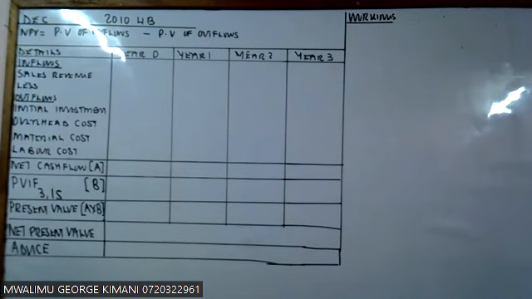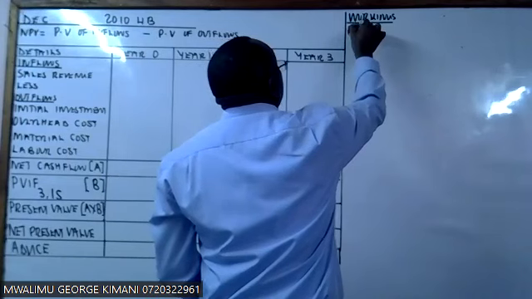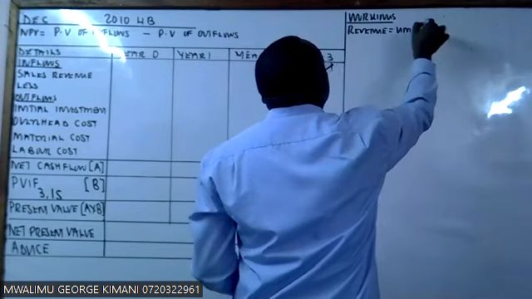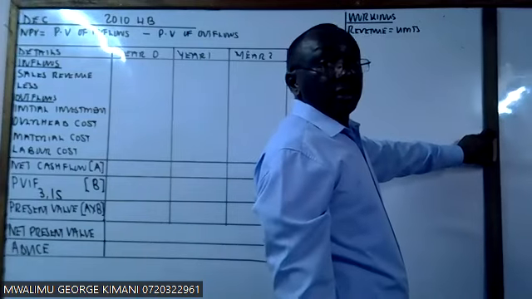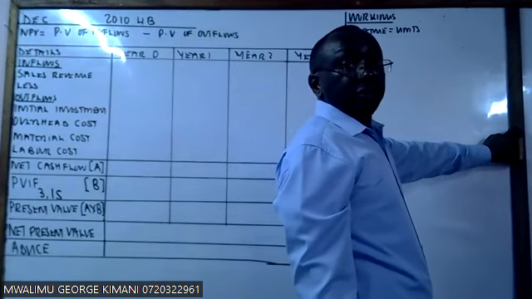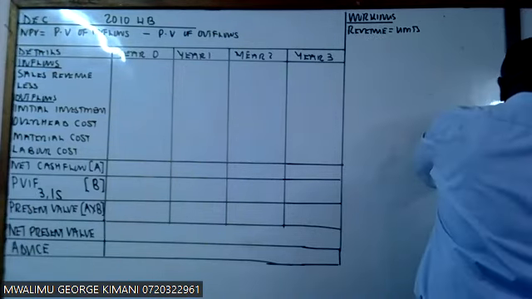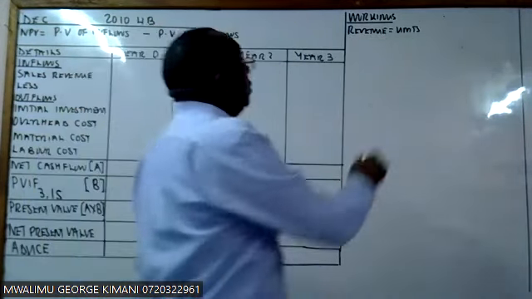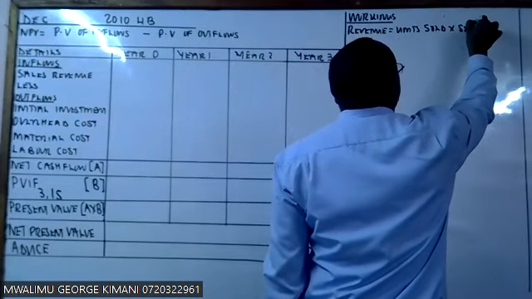How do we get revenue? We know that revenue will be given as units sold multiplied by selling price.